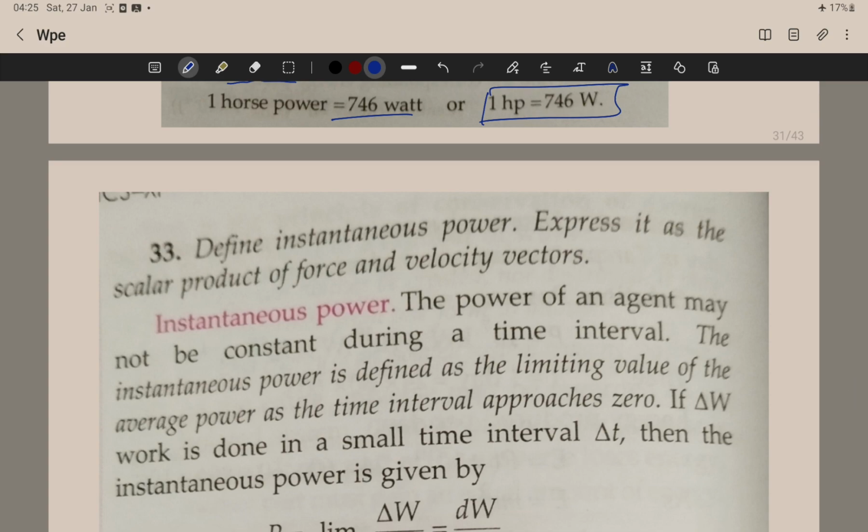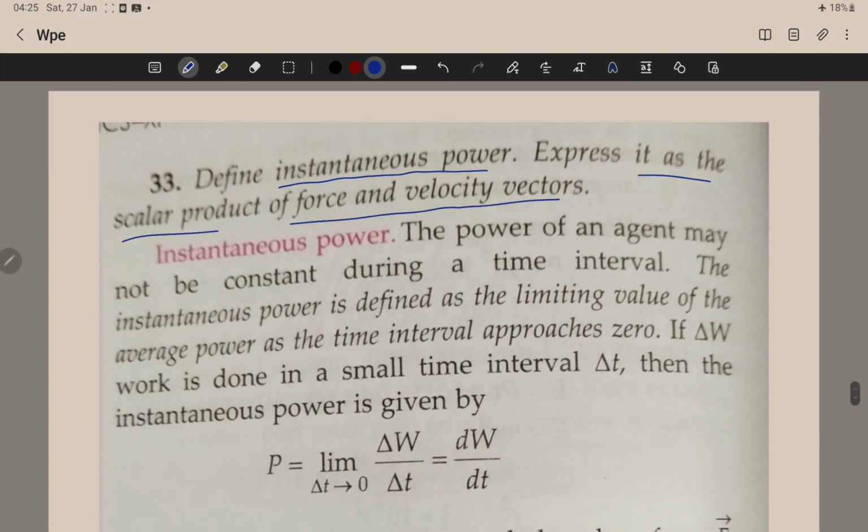Next, determine instantaneous power and express it as the scalar product of force and velocity. The power of an agent may not be constant during a time interval. As the time changes, power also changes. Instantaneous power means power for a very small time period.